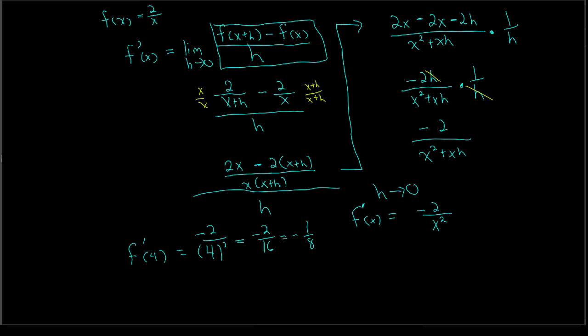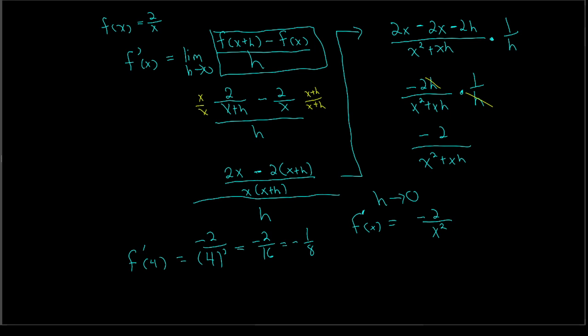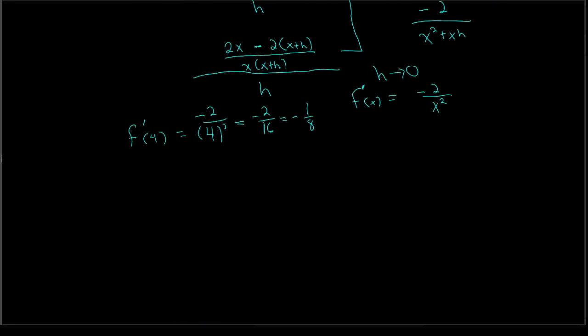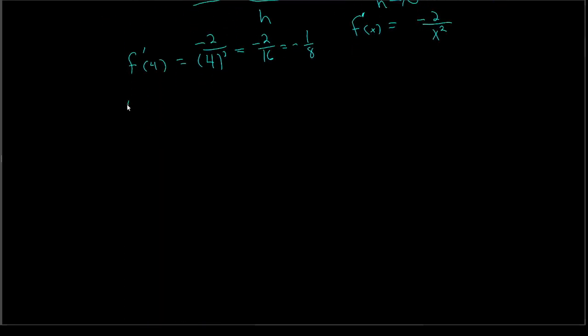So now that we have the slope, we can work on our tangent line, right? The point is (4, 1/2). So the tangent line will be y minus y1, so that's 1/2, equals negative 1/8 times x minus 4.